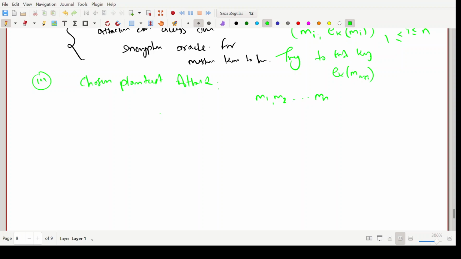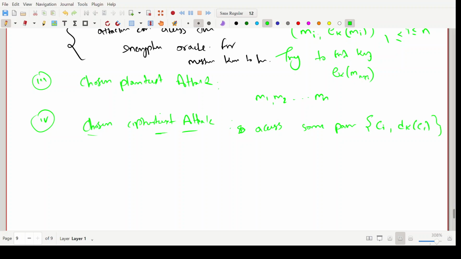There is one more, the chosen ciphertext attack. What is the chosen ciphertext attack? The cryptanalyst can access some pairs of ciphertext and its decryption, where the ciphertexts c_i are chosen by himself.